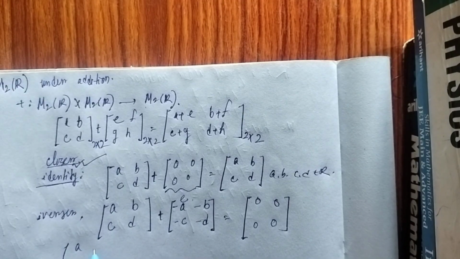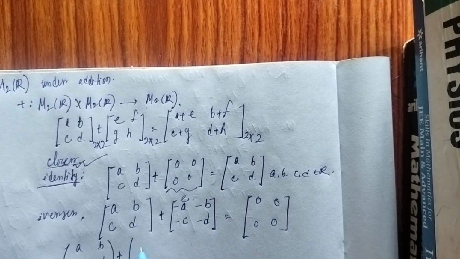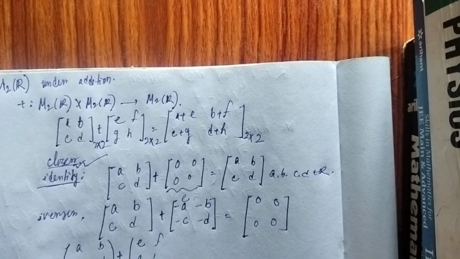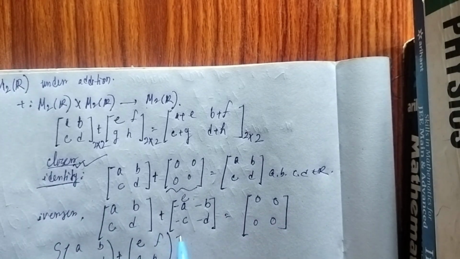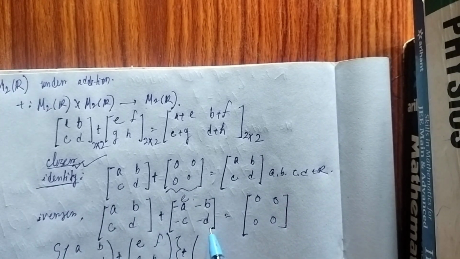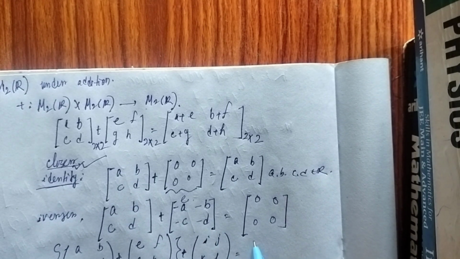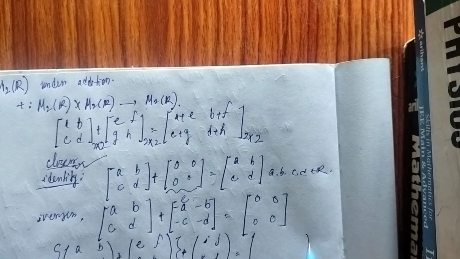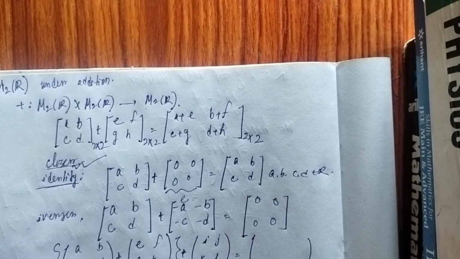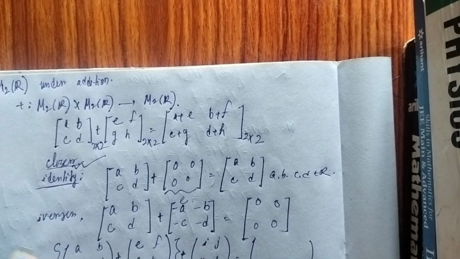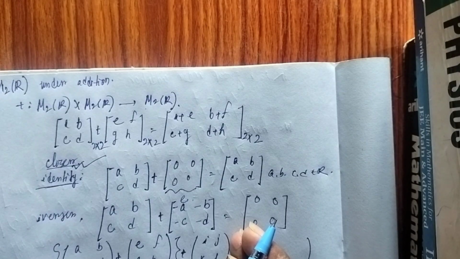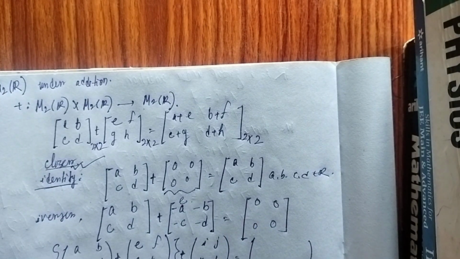If we take A B C D, E F G H, and I J K L, then we will end up with something. Similarly, if we take the first element outside and the other two inside the bracket, then we will end up again with a 2 cross 2 matrix.